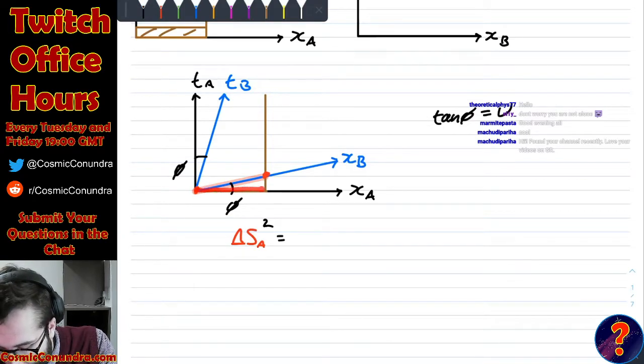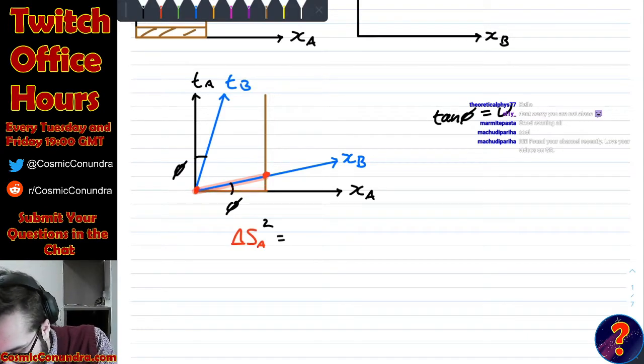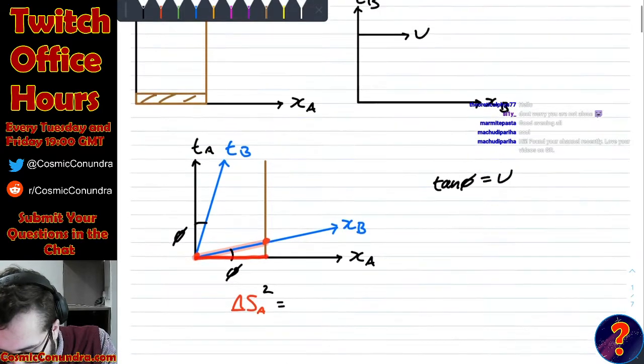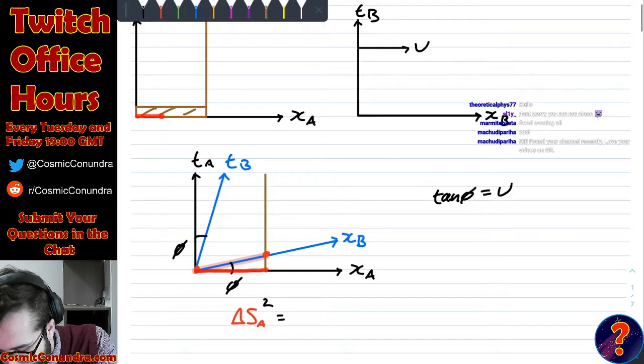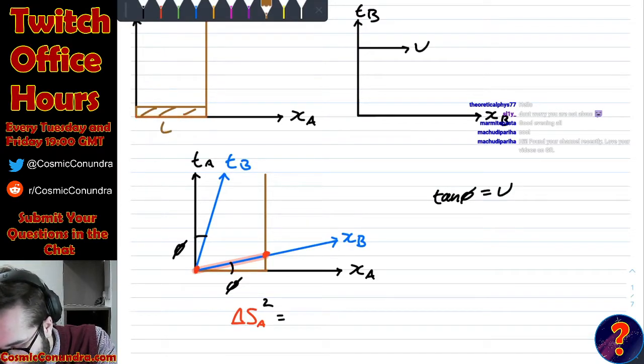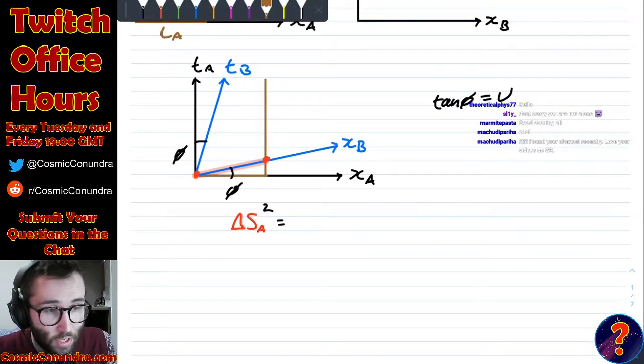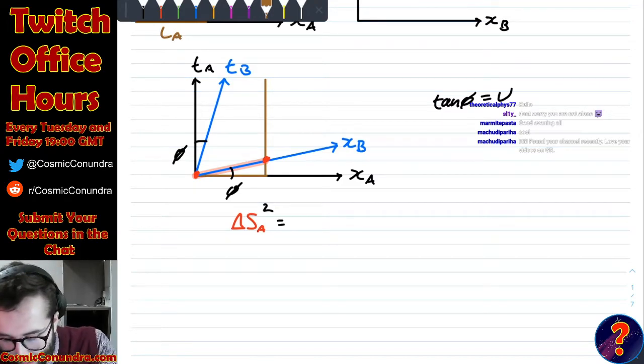Remember, we're looking at this from A's perspective, in A's frame. So it's equal to this spatial length squared. And this spatial length squared, remember the brown line represents the rod, is just the rest length of the rod. So I'm going to call this L_A, the length of the rod measured in the frame in which the rod is at rest.